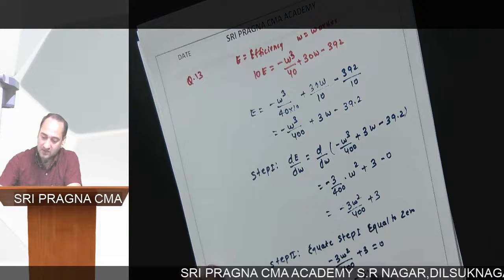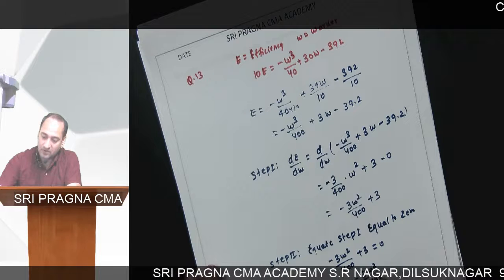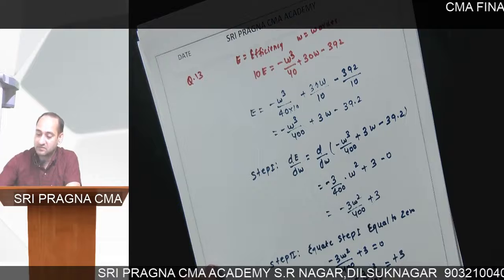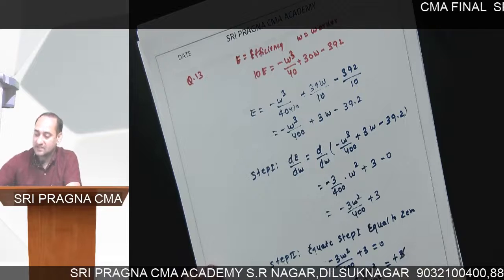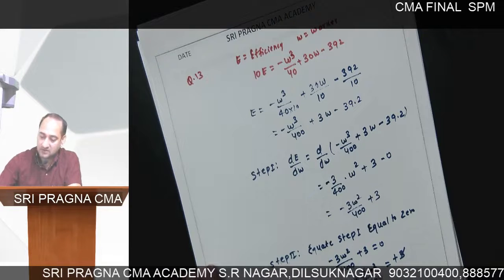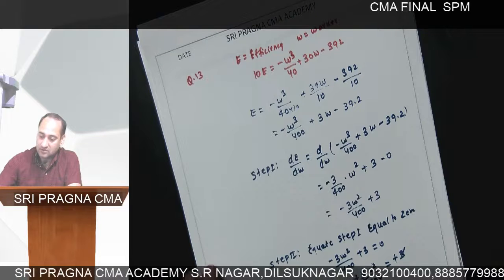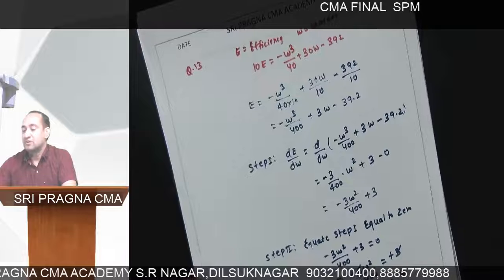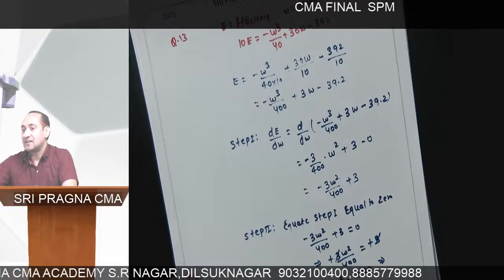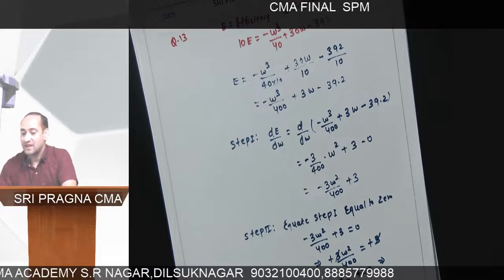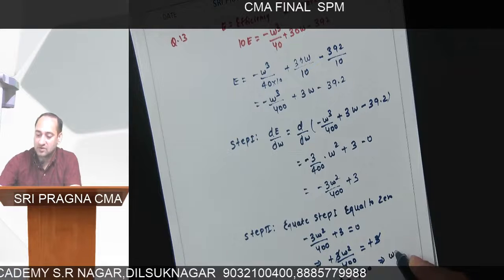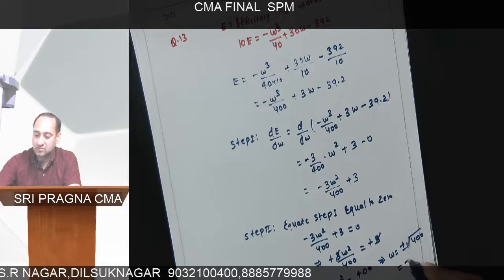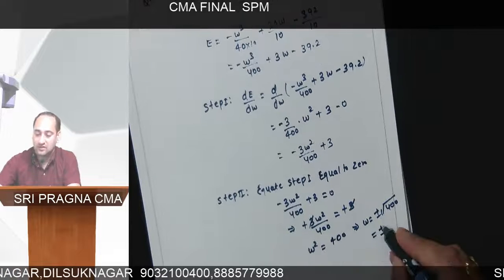So minus 3W square by 400 is equal to minus 3. Minus, minus become plus. The 3 cancels out. Then cross multiplication: W square is equal to 400. When you remove the square, the square root is taken and plus minus comes into the picture. So W is equal to plus minus square root of 400.